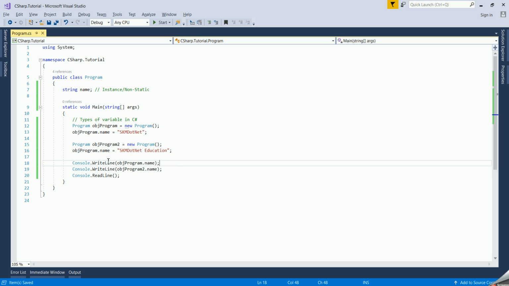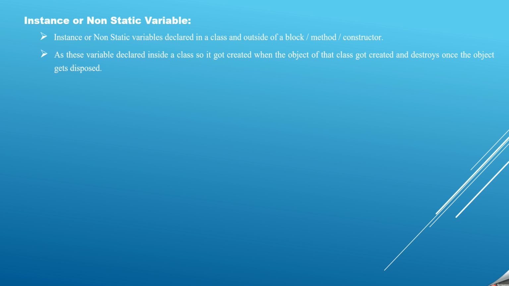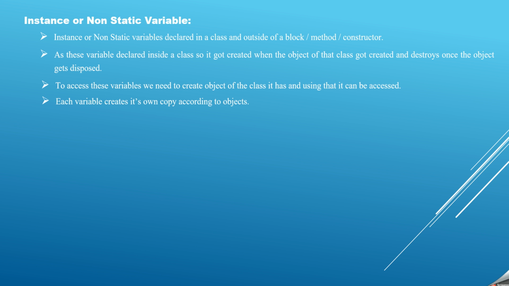So here you can see we have just one variable at class level, which is called an instance variable. But as the second point we just discussed, a variable will have its own copy based on the object. And as the third point, to access the variables we need to create the object. The last one is that each variable creates its own copy according to the object.